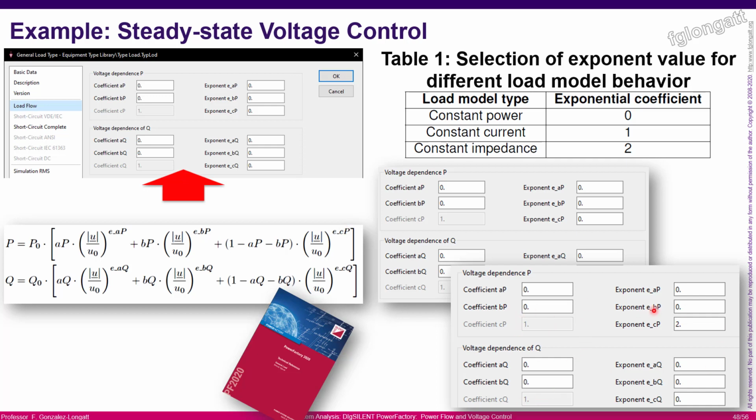I present a screenshot of the configuration when you are using the exponent 2, and that represents the constant impedance. Constant current is a very specific model for loads. We assume that the active power increases linearly when the voltage is changing. To be honest, typically we use the two important models, constant power and constant impedance. Constant current is typically used for very specific cases, but that is beyond the scope of this class.